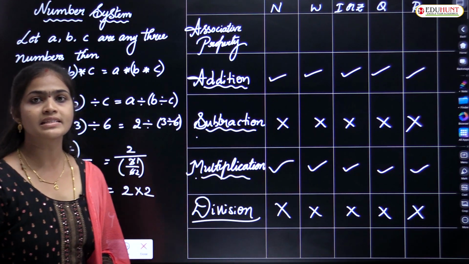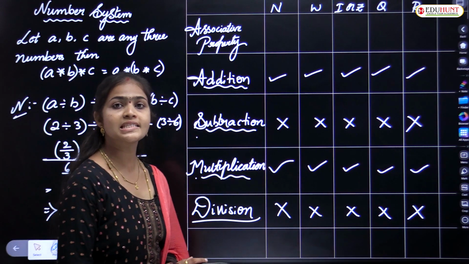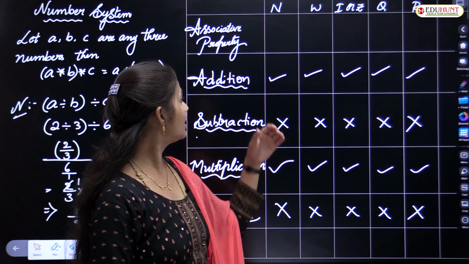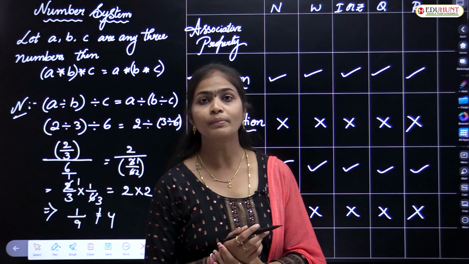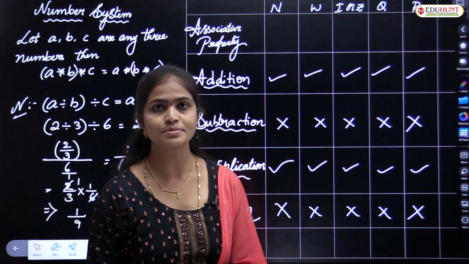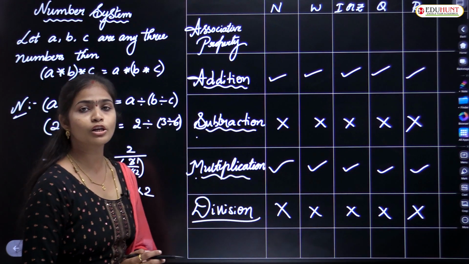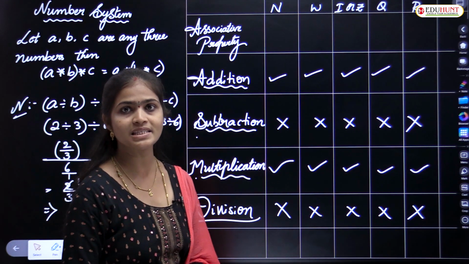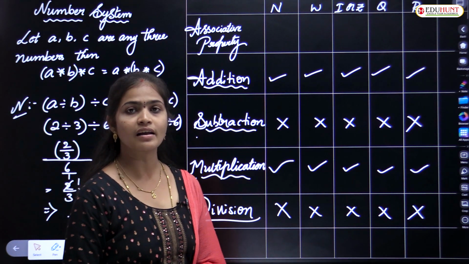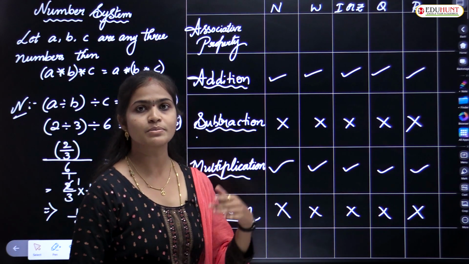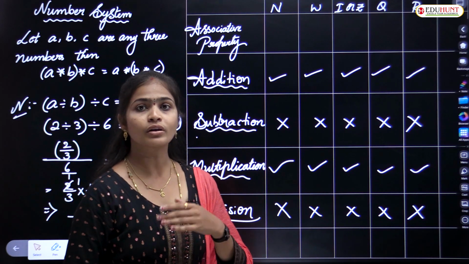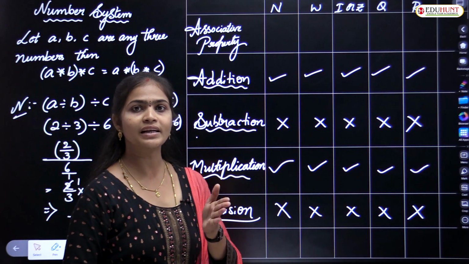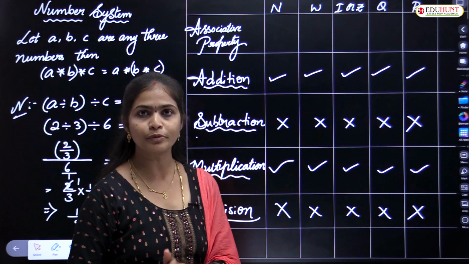So how can we say that? The associative property is satisfied under addition and multiplication only, for all types of numbers. The fundamental operations that do not satisfy it are subtraction and division only. Satisfying means in each and every type of number and each and every type of property.